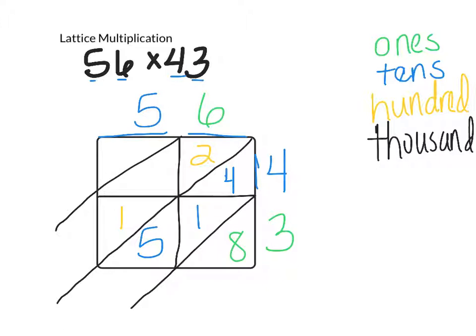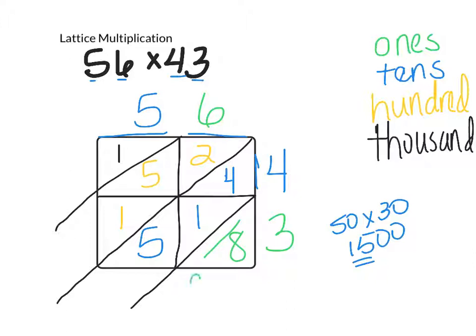And last but not least, I have 50 times 30, or 5 times 3, and I know that 50 times 30 is 1500, but I'm only looking at the 15 part for my lattice, the 1 and the 5, so I can see that the 5 is in the hundreds place, and the 1 is in the thousands place. So now I add down my diagonals.